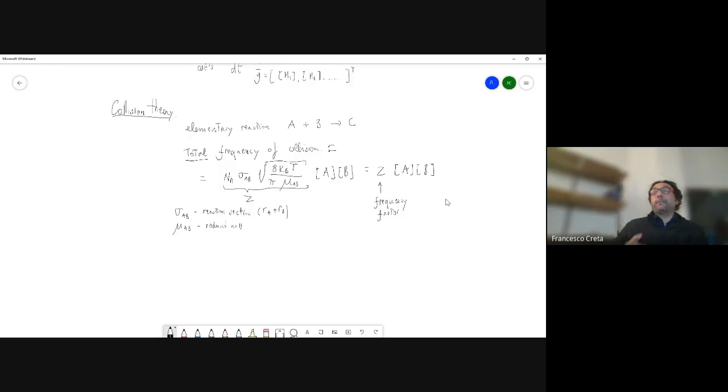But that does not mean that every collision is energetic enough for the reaction to be completed.